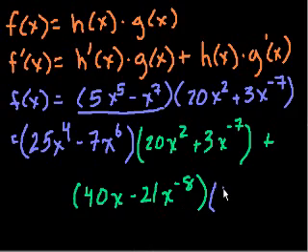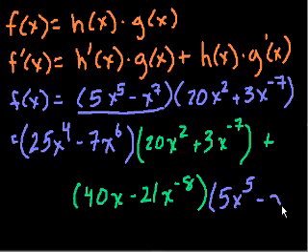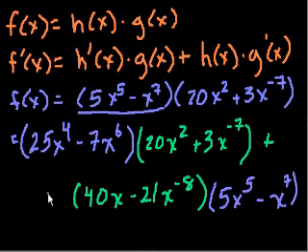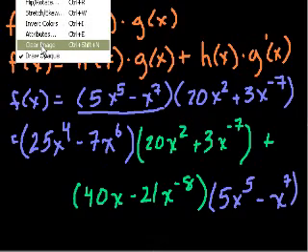I think you get the point. 5x to the 5th minus x to the 7th. Right? All we did here is we said, okay, f of x is made of these two expressions, and they're multiplied by each other. If I want to take the derivative of it, I take the derivative of the first one and multiply it by the second one. And then I add that to the derivative of the second one and multiply it by the first one. Let's do some more examples, and I think that'll hit the point home.